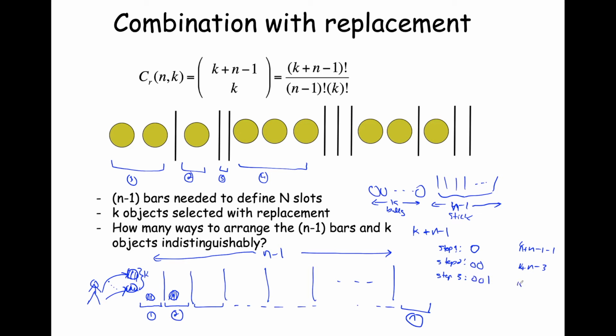That's now k plus n minus 4. And so essentially, when we consider all of the possible arrangements of these balls and sticks, that's nothing more than a combination without replacement.